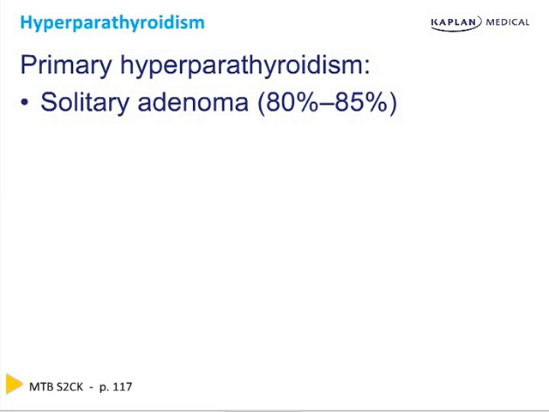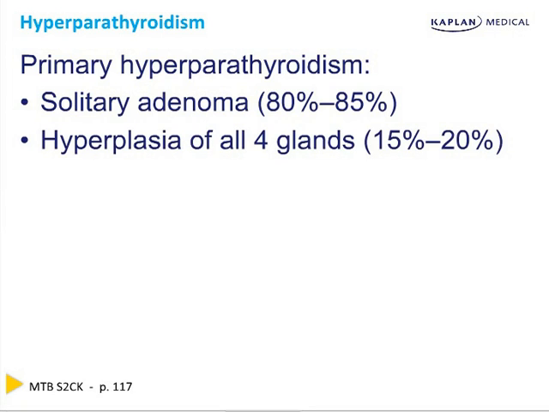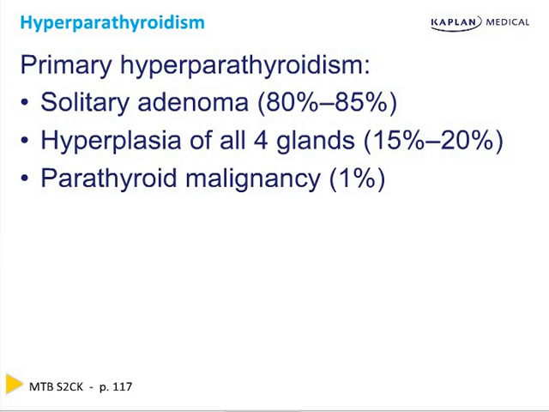One of the ways you'll recognize an adenoma is that it's hyperfunctioning. It's like cellular neurosis. It's not malignant, it's not going to kill you, but it's just a little overfunctioning when it shouldn't be. So hyperplasia of all four glands occurs, and malignancy is a very unusual cause of hyperparathyroidism.